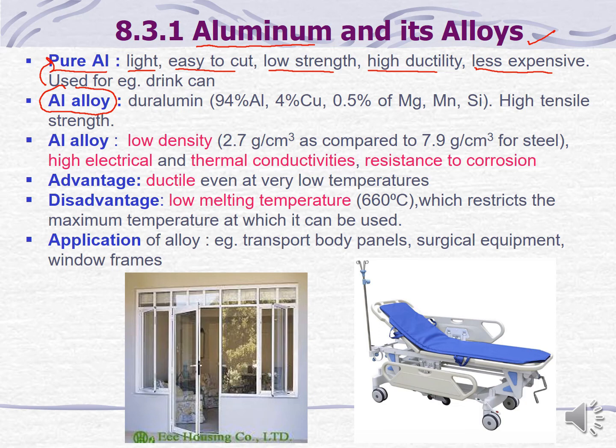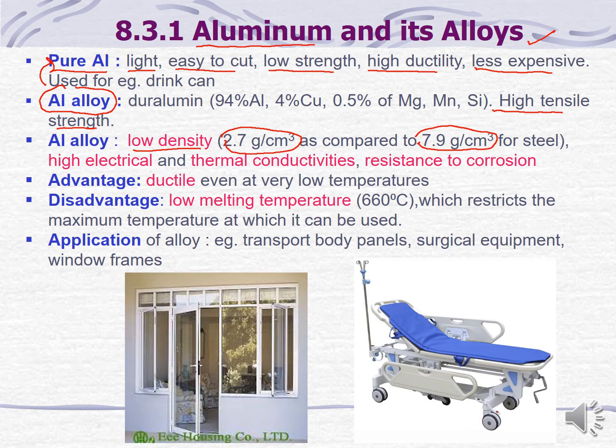Aluminum and its alloys have high strength and low density compared to steel. The density for aluminum alloys is 2.7 gram per centimeter cube, while steel is 7.9 gram per centimeter cube.